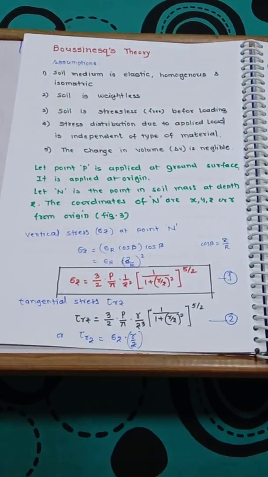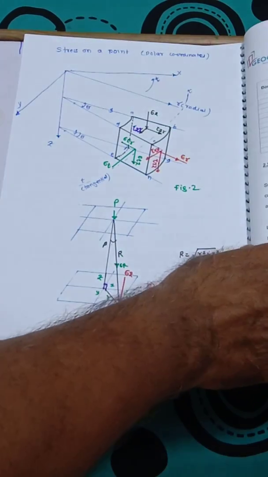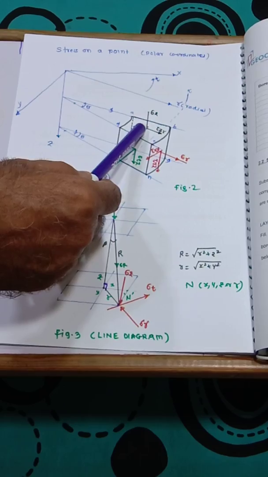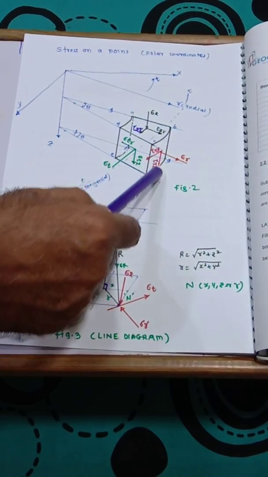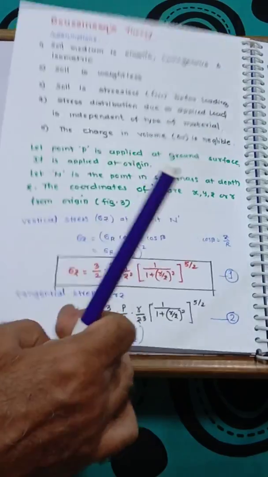Actually, in settlement we use delta sigma z, just to avoid the repetition of the delta. Here we are writing only sigma z. In this theory, if you see the earlier figure, we will concentrate first on sigma z, and at most one shear stress, that is tau rz. These two we will target.